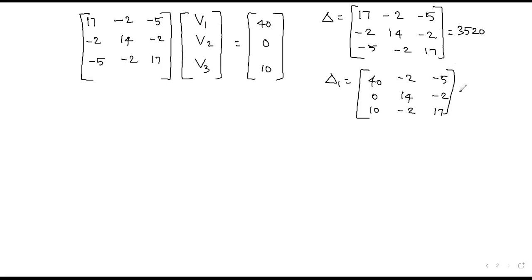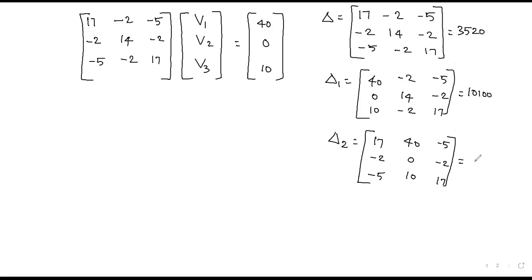So del 1's determinant is 10,100. Similarly for del 2, it is 17, minus 2, minus 5, then 40, 0, 10, then minus 5, minus 2, 17.